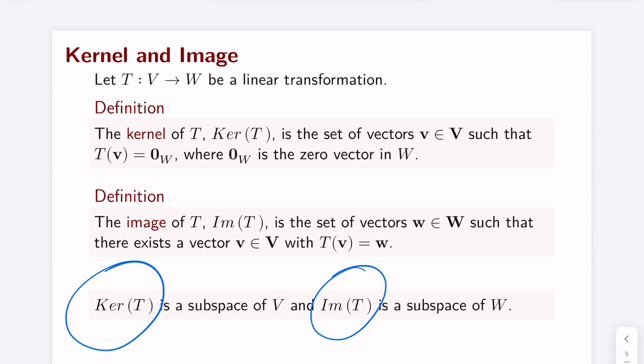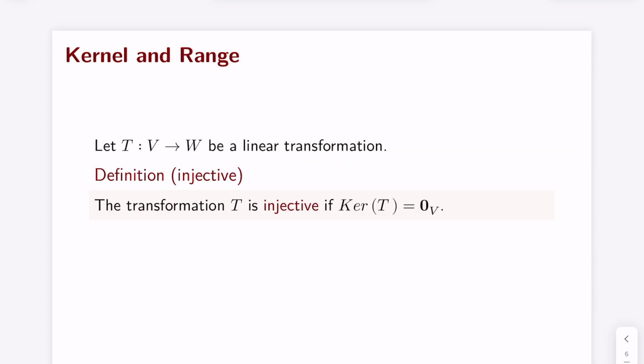So in that way, if, for instance, our first space is a space of dimension n, we know that the kernel is going to be some subspace of dimension less than or equal to n. The extreme case will be when the kernel is very, very small.